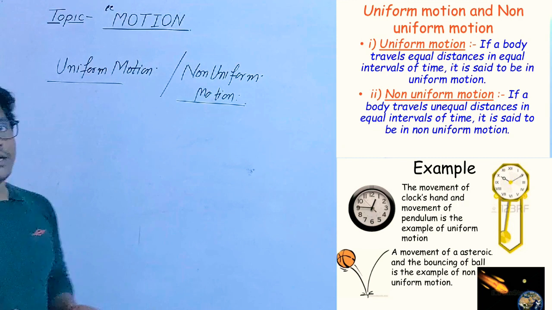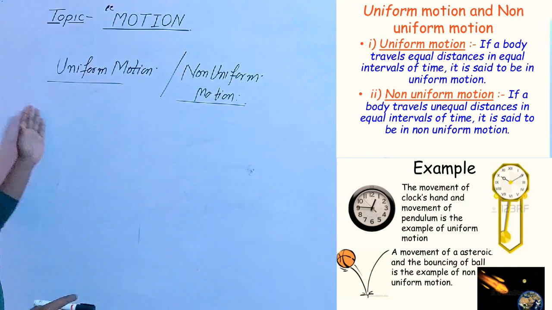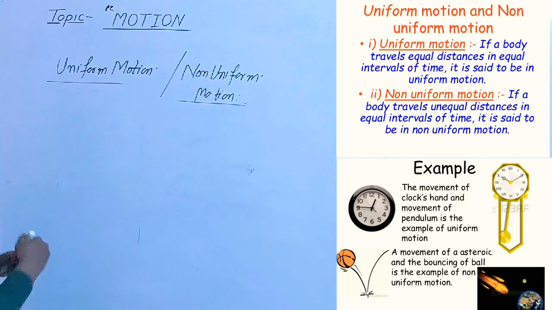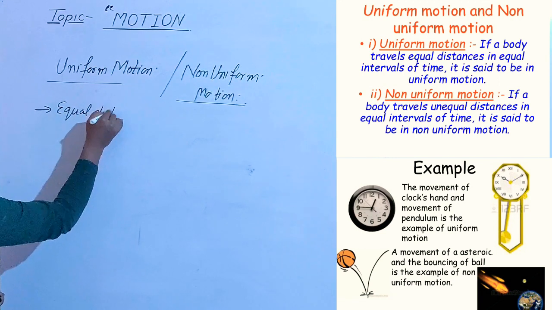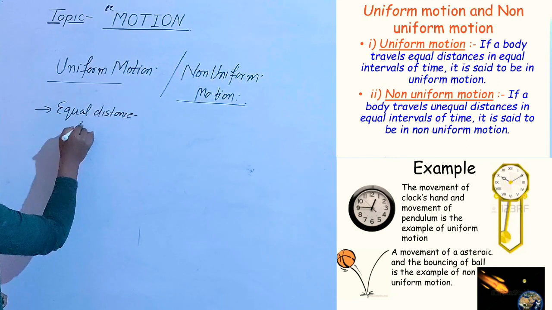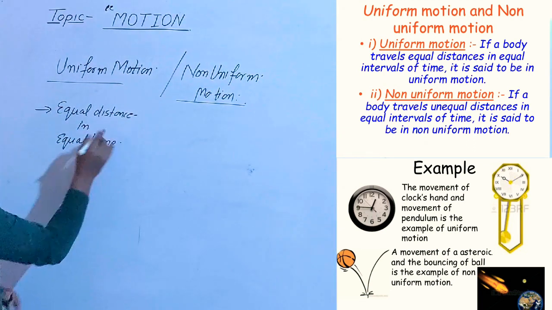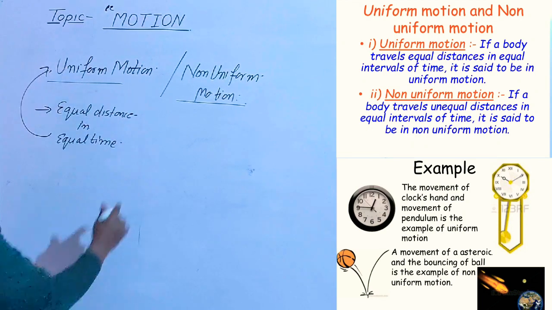If a moving body travels equal distance in equal time interval, this kind of motion is called uniform motion.